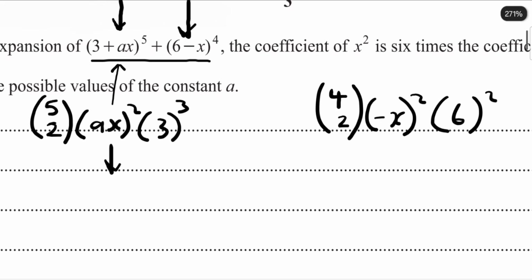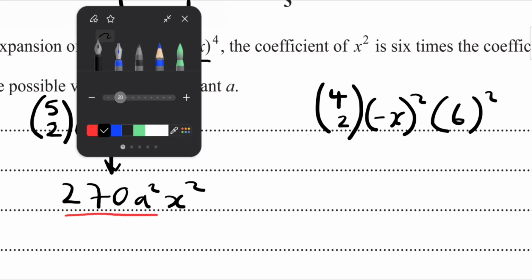To simplify this, that's 5 choose 2 times 3 to the power 3, we get 270a squared x squared. So the coefficient will be 270a squared.